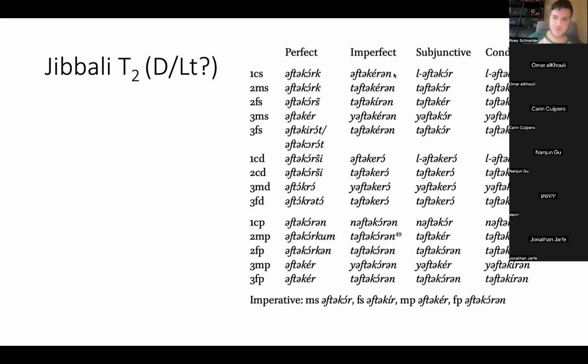So does anyone remember what this N at the end is, or why it is here? Where is the suffix N added on the imperfect verb in modern South Arabian? Does anyone remember? No?